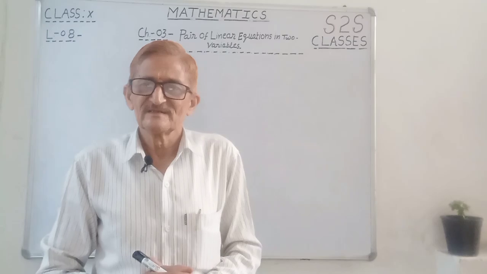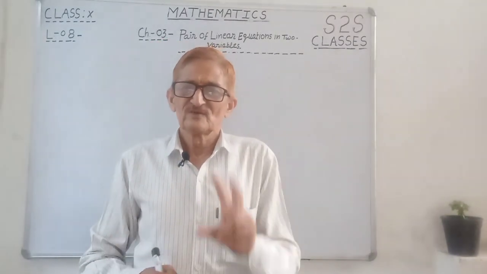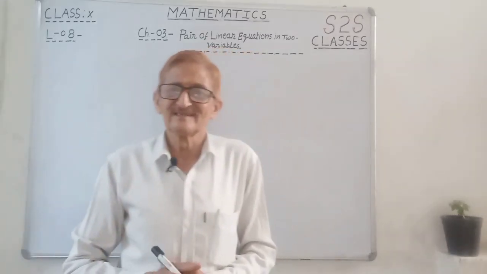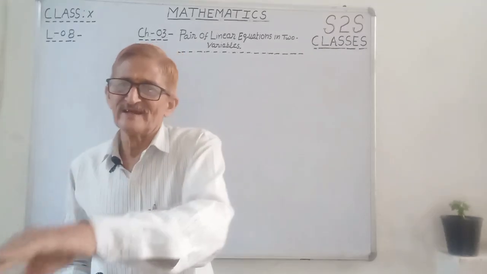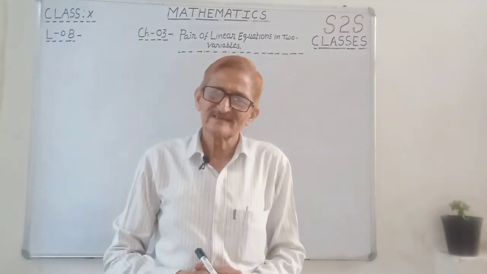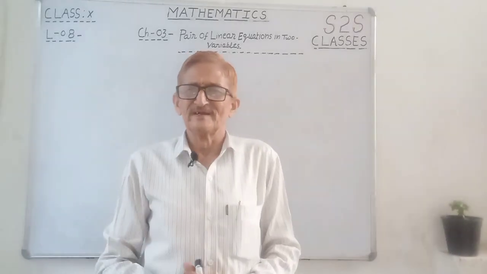Then this situation is saying to us that two quantities are here, one is breadth, other is length, and length is dependent on its breadth. So breadth is the independent quantity.